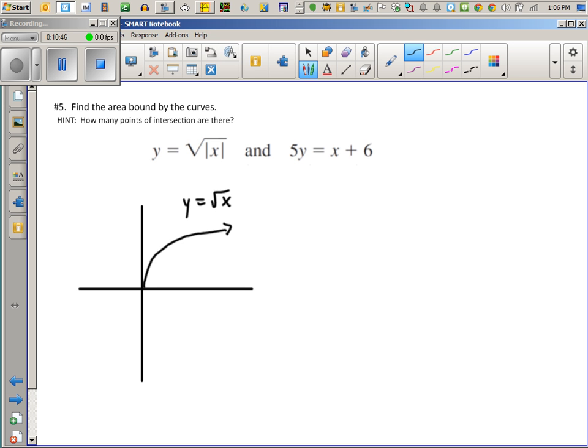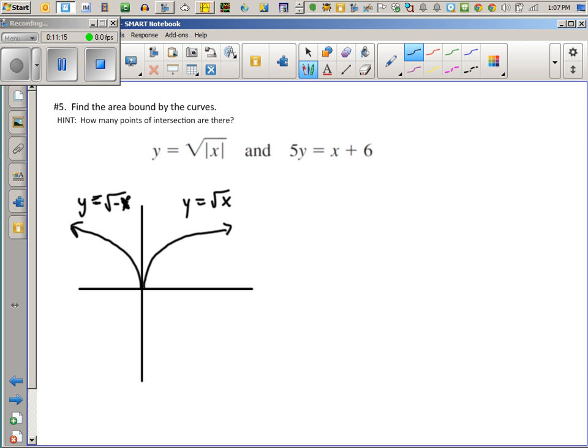By the way, this is always what happens with this situation. Y equals square root of absolute value x forms two graphs. Y equals rad x and y equals square root of negative x. In other words, a reflection over the y-axis. And they're both together like this, and that's the graph.